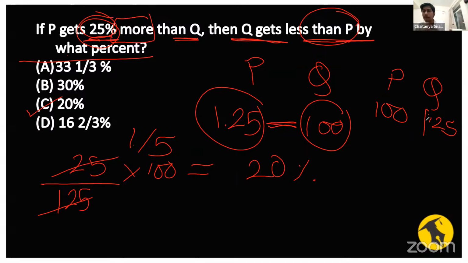It happens quite often. Then it says Q gets less than P by what percent? You get 25 upon 100 and you write 25% as the answer. However, it's not the option here, so you will eventually get it correct at the end. But again, the key is the speed.